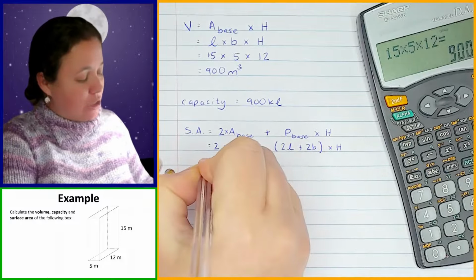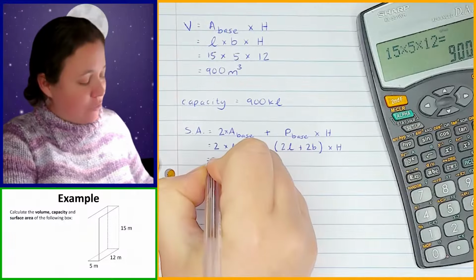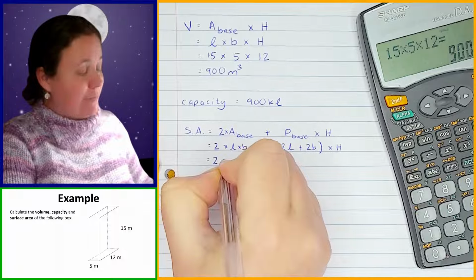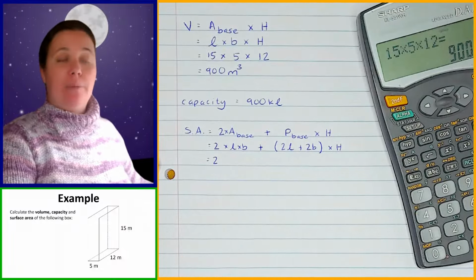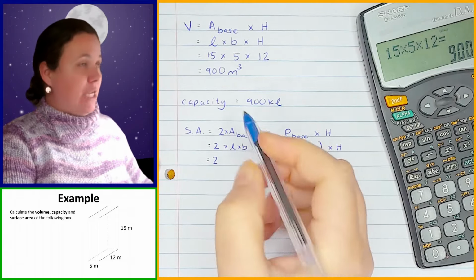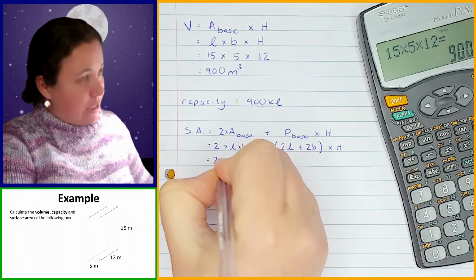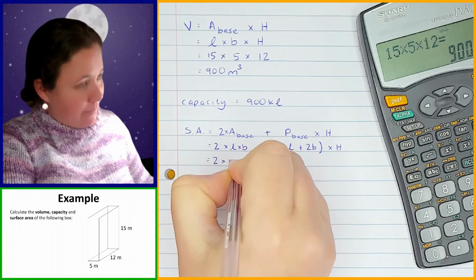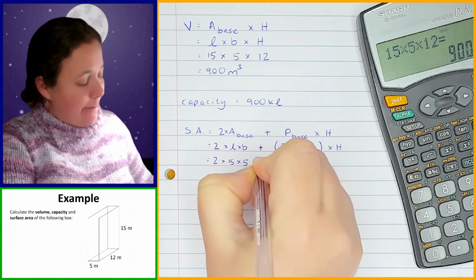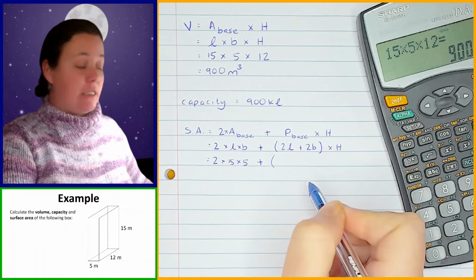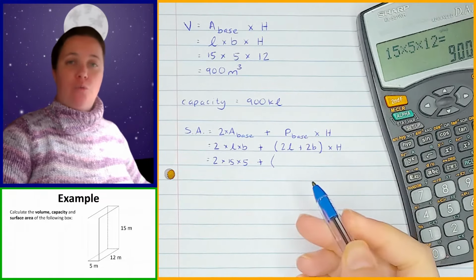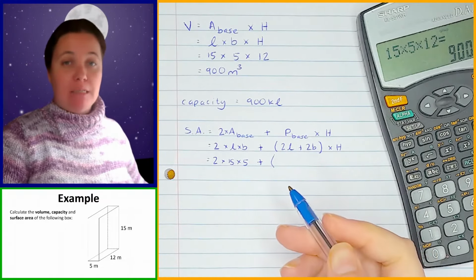Okay, so now we're going to go and fill in our values. So I've got 2 times the length times the breadth. Again, I'm going to use the front of my prism as my base shape. So it's going to be 2 times 15 times 5 plus, now I have to keep it consistent. I can't change which shape I'm using as my base now.